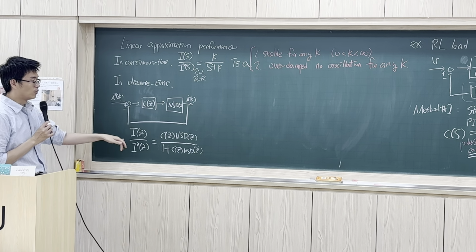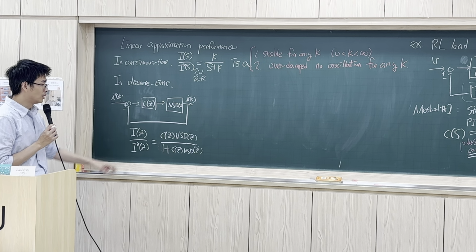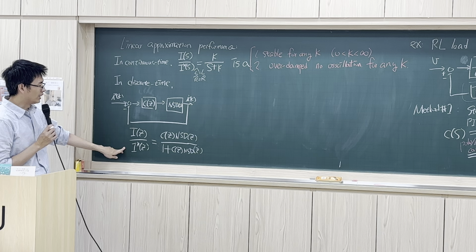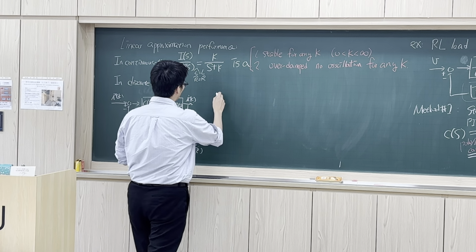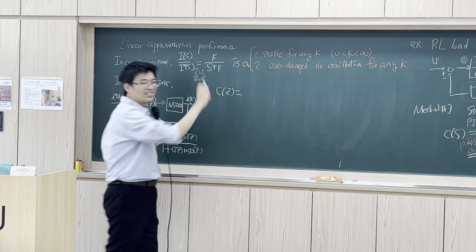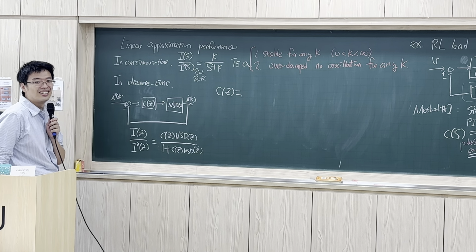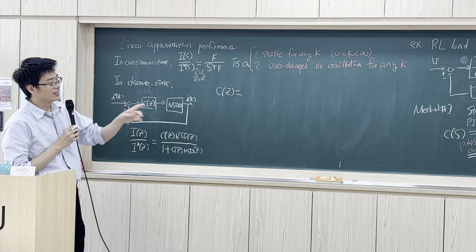Okay, so if we want to analyze the closed loop system, we should figure out this closed loop transfer function. So how about CZ? What's the corresponding CZ?